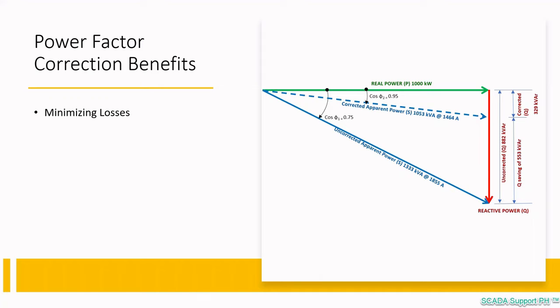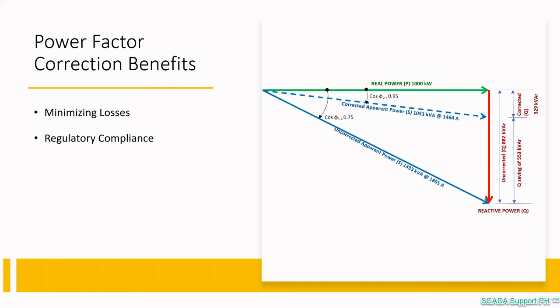These losses are caused by the reactive power component of the AC circuit, which is not used to perform useful work, but instead circulates back and forth between the source and the load. Power factor correction reduces the reactive power component of the power, which in turn reduces power losses and improves the efficiency of the transmission.